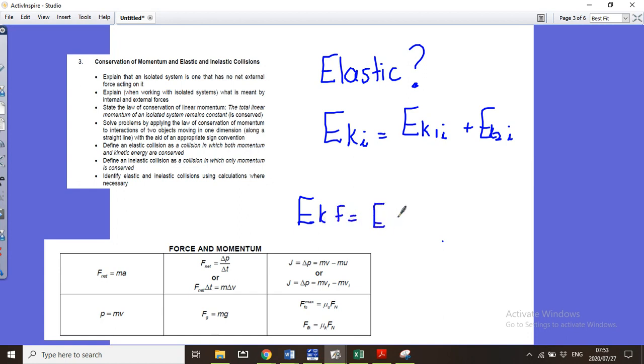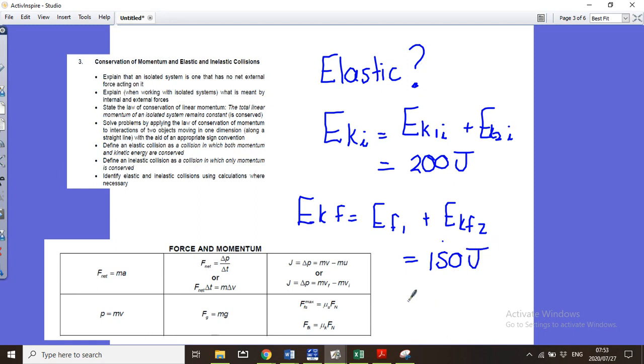You go EK final for object 1 plus EK final for object 2. You get an answer in joules. And remember, the equation for kinetic energy is half mv squared. Don't forget the squared. And you'll get an answer here of 200 joules. I'm just making up a value. And you'll get an answer here of 150 joules.